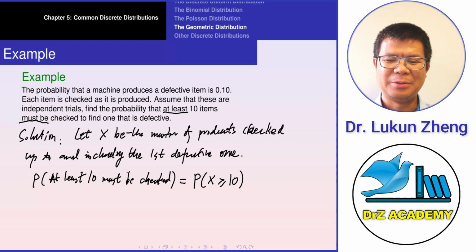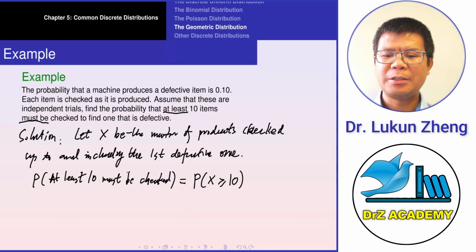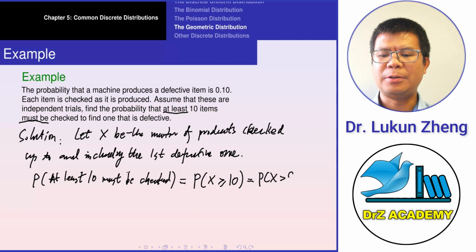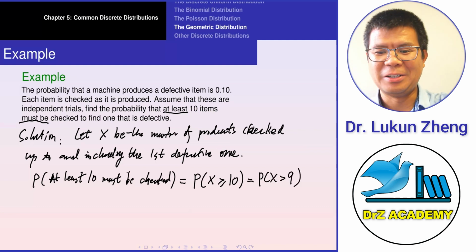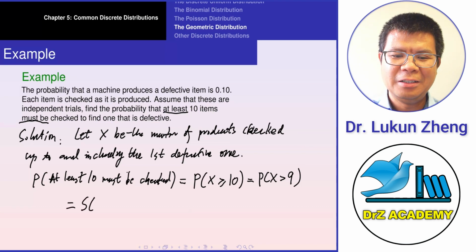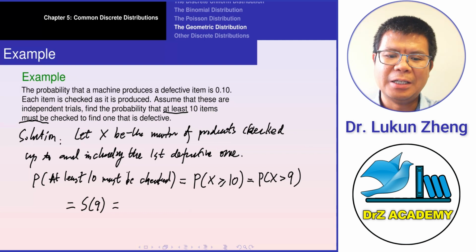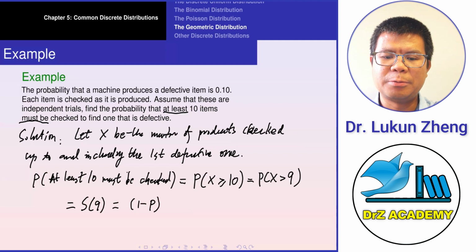All right, so now how to find this one? This actually equals the probability for x greater than 9, right? Which is the survival function, S of 9. As we know, that equals (1 minus p) raised to the power 9. So p is 0.1, right?